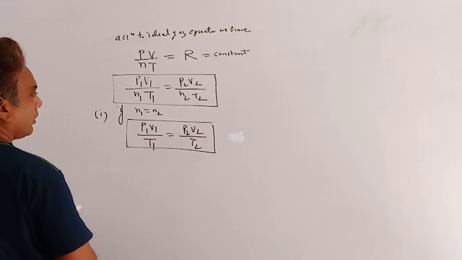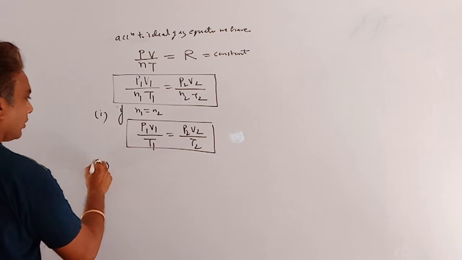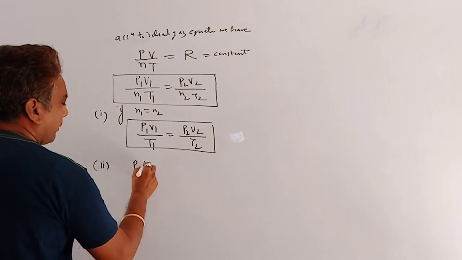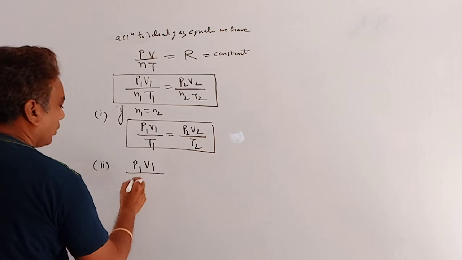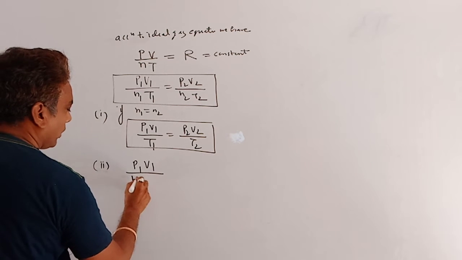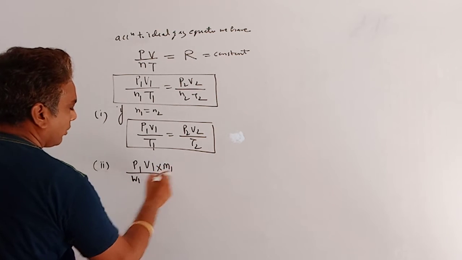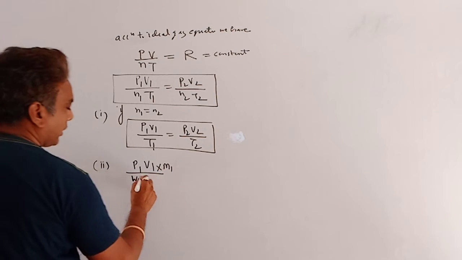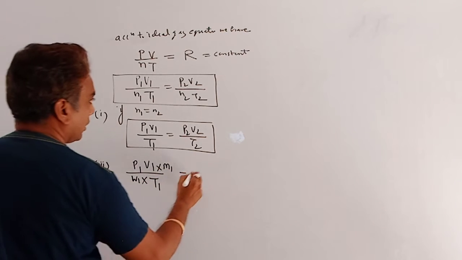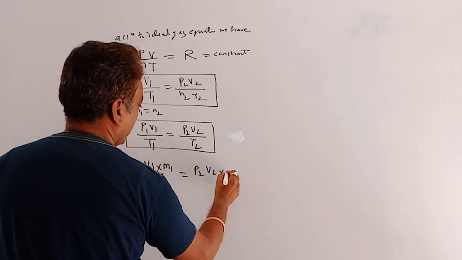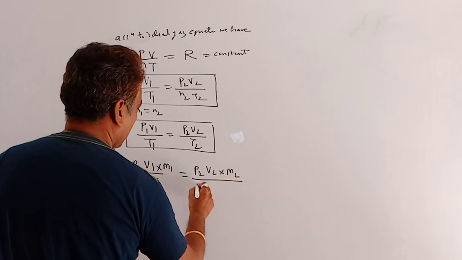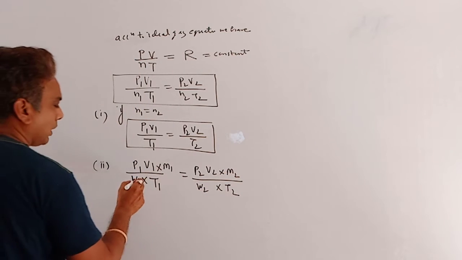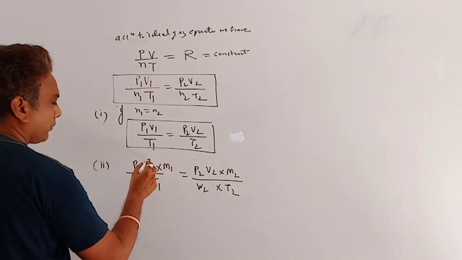Similarly, if moles are expressed, P1 V1 upon moles, which is W1 upon M1, where W1 is the weight and M1 is the molecular weight, into T1 is equal to P2 V2 into M2 upon W2 into T2. Mass upon volume is density.